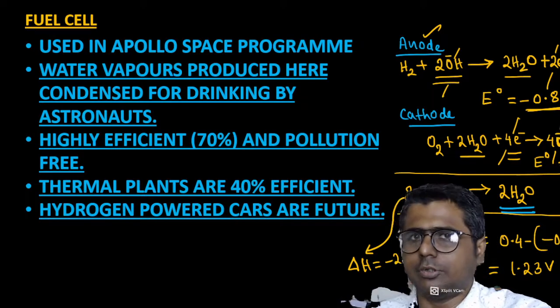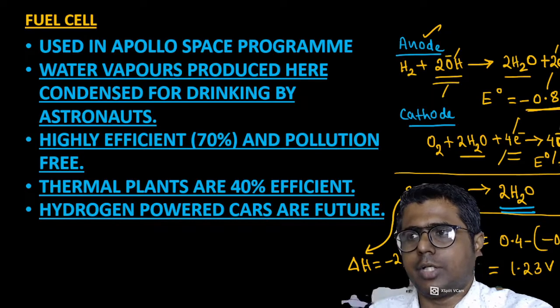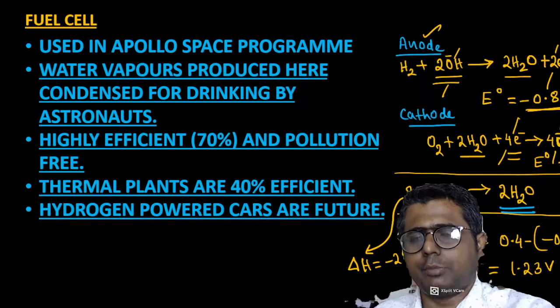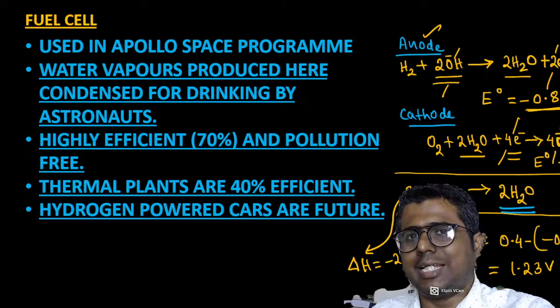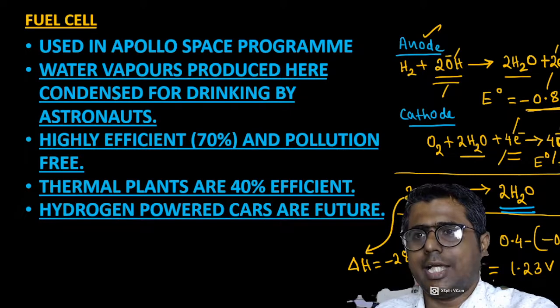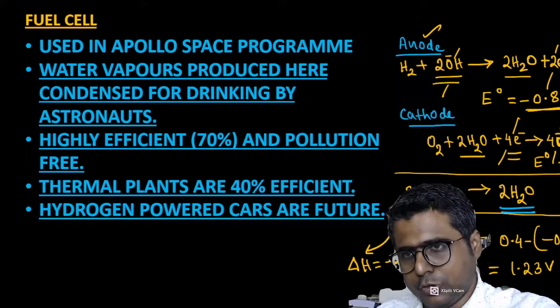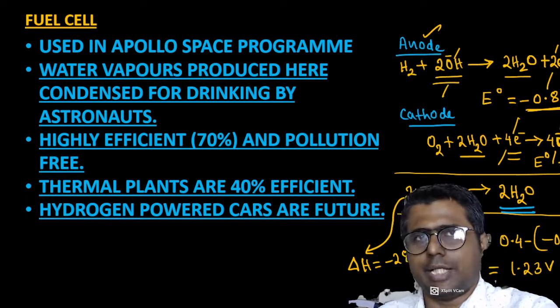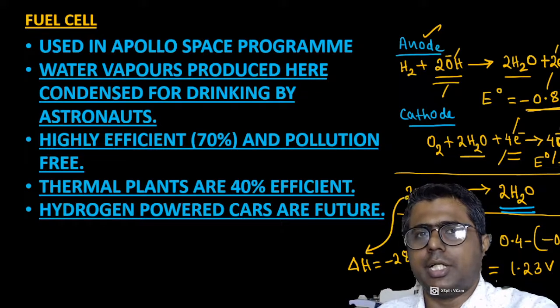You might have the question, why is it 70% when I have already calculated 83%? Thermodynamic efficiency is the maximum efficiency that can be available from an electrochemical cell or machines. But the actual efficiency consists of other parts also, like there will be mechanical friction, and all those things are also taken care of, and ultimately the electricity produced from the electrochemical cell will be around 70%, because at each and every process there will be a little bit of loss.